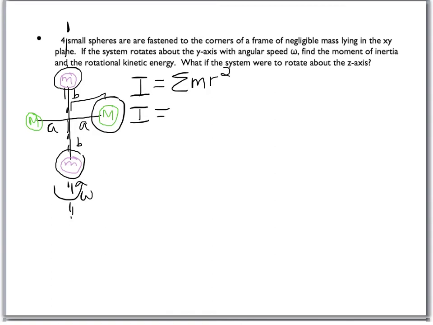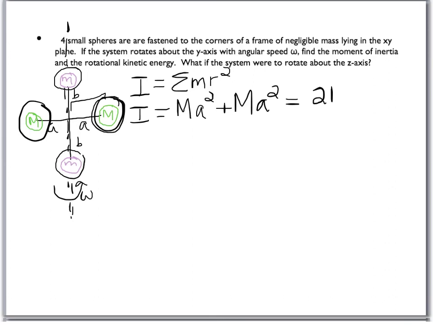Here we would add up the big capital mass M and its distance away from the axis as a distance of a squared. Now we've taken care of this one, but there's another one over here, so we'll add in that mass as well. And we see that the moment of inertia of this system is simply 2Ma squared.